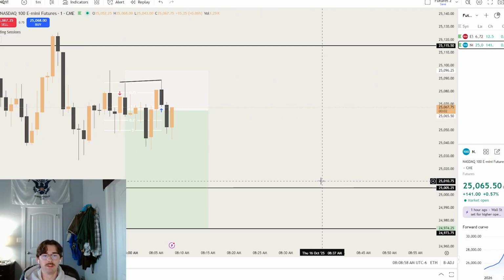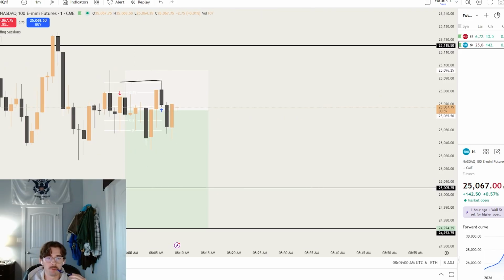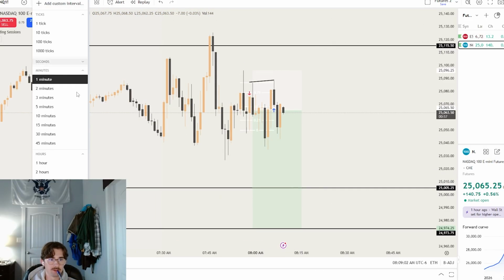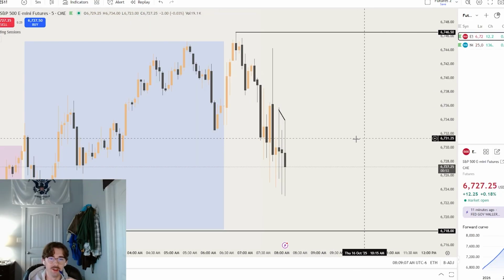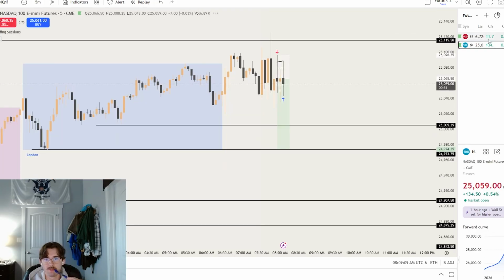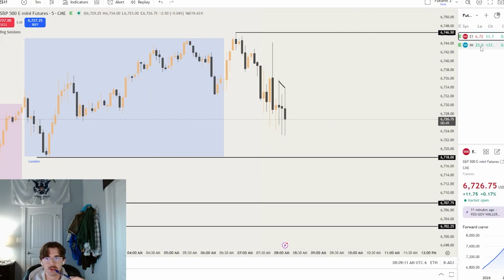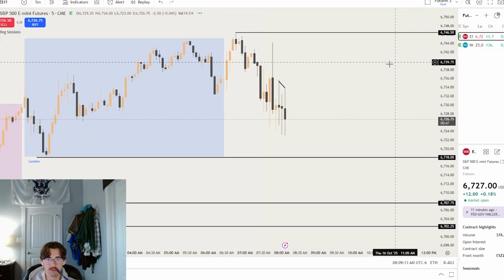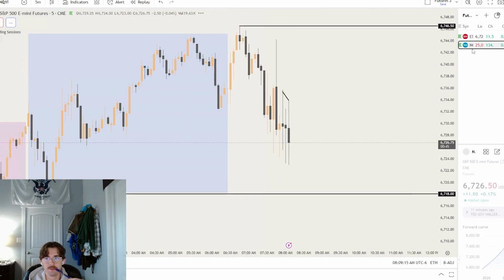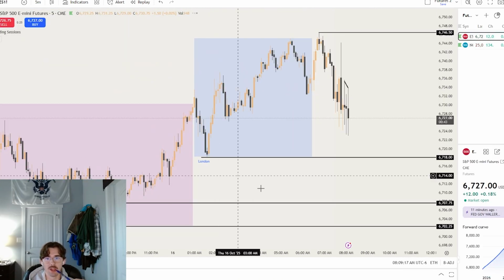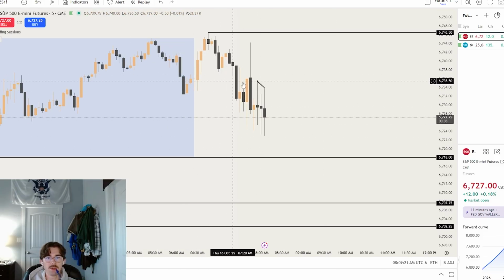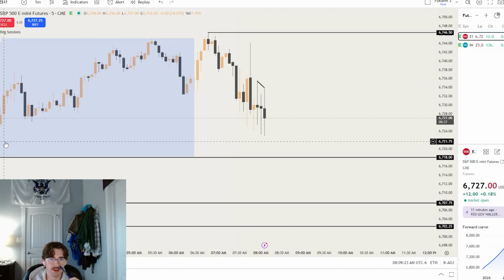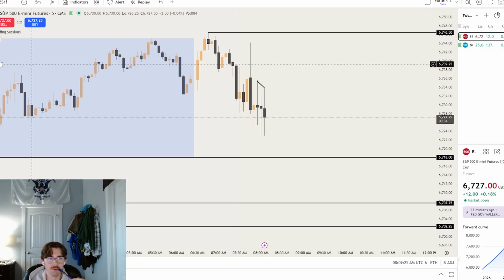But what is frustrating though is how price is moving, especially, it's literally just consolidating. ES is moving a lot better. I should have taken this trade on ES originally, because ES is the index I should have taken this trade on. The only thing is there wasn't a setup that presented itself on ES, once it presented itself on NQ.